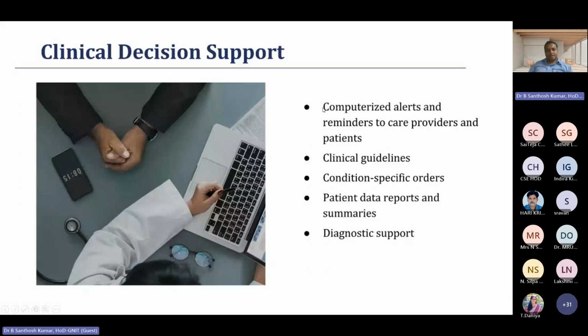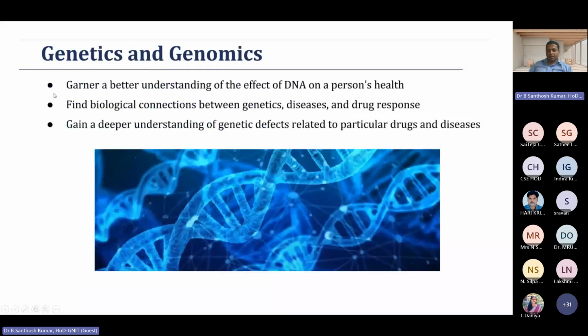Genetics and genomics are also playing a vital role. Especially in 1990, the genetic algorithm was introduced, and it became the main revolution for the medical field.